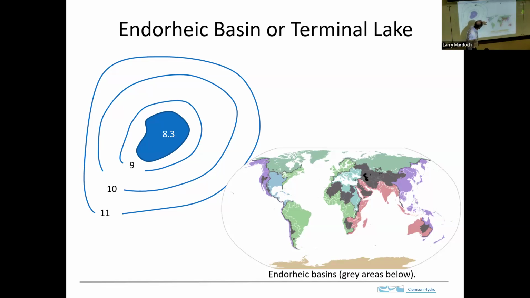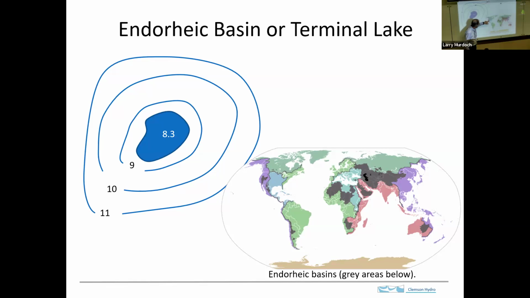You can see this map. These are the endorheic basins, these dark colors. So out west, the basin range is a large endorheic basin. And what's happening here is the groundwater, there's no surface water flows out of these basins.